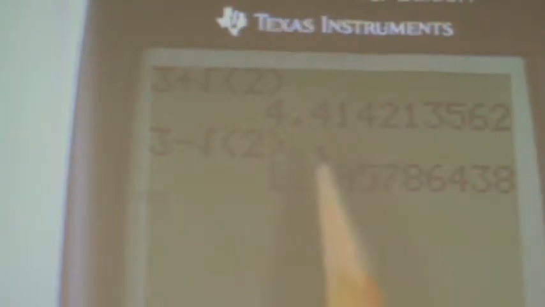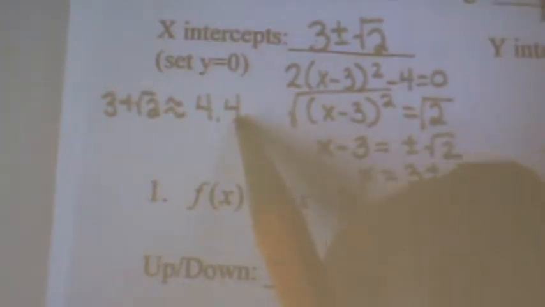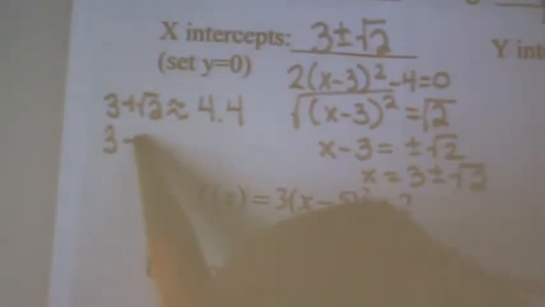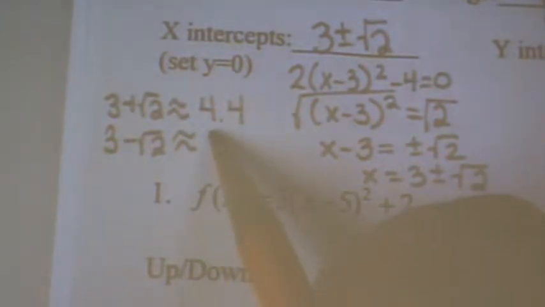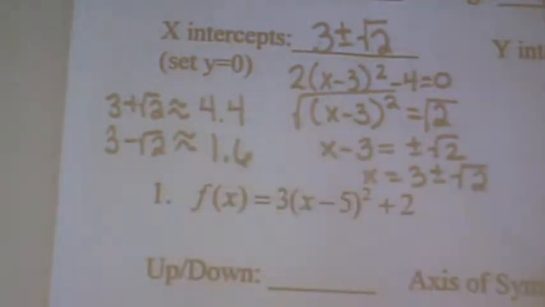So the x-intercept does not always have to be numbers like 1, 2, 3, 4, -1. They can be in between integers. And so 3 plus the square root of 2 is approximately 4.4. That's an estimated answer. And 3 minus the square root of 2 is approximately 1.5 or 1.6, we'll just say.